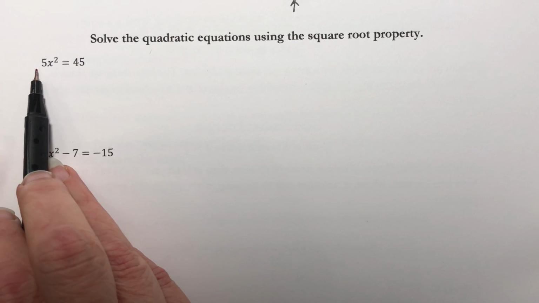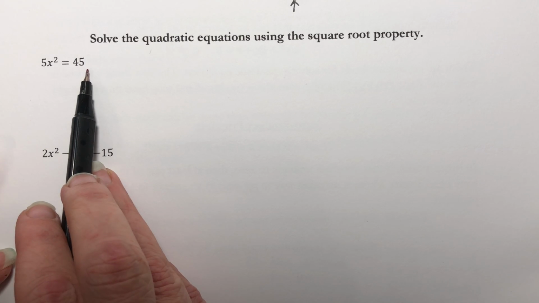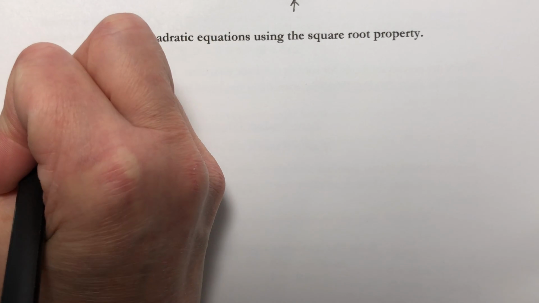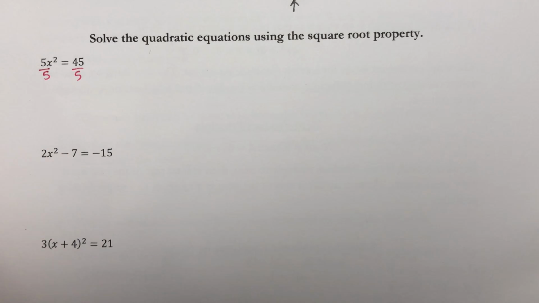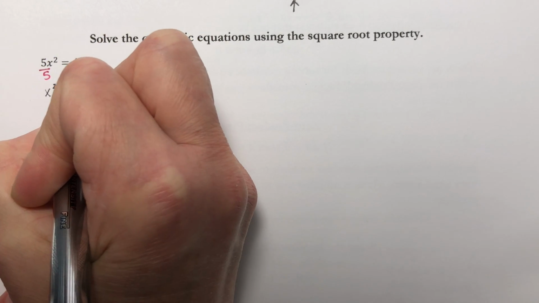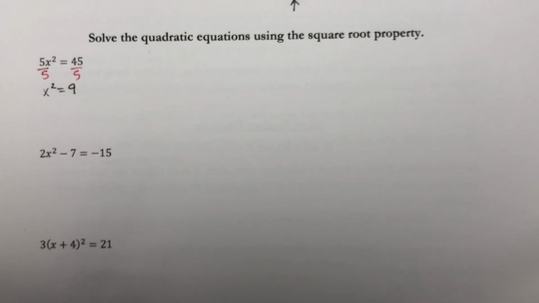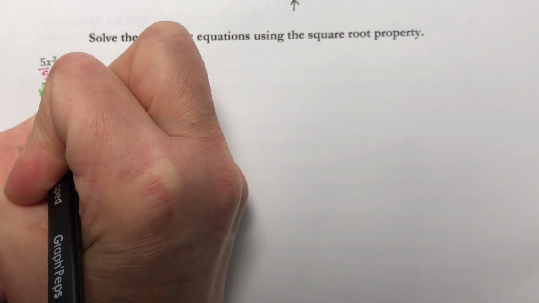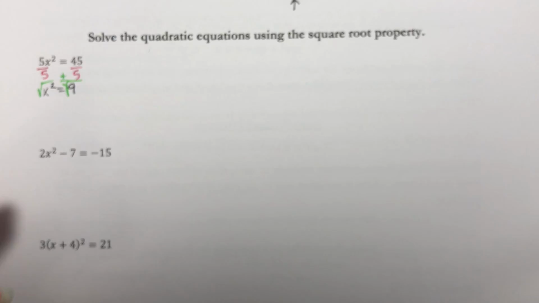If I have 5x squared is equal to 45, I need the square thing alone, so I'm going to divide both sides by a 5. And we get x squared is equal to 9. Okay. Now, if we take the square root of both sides, we have to put in a plus or minus over here.